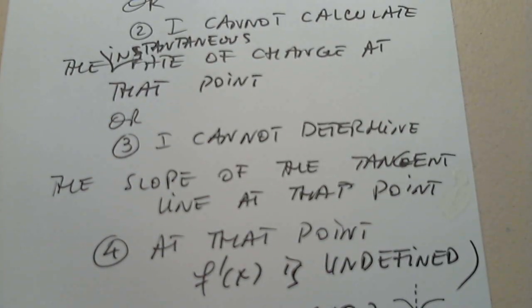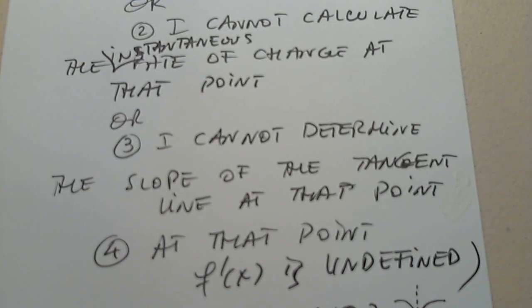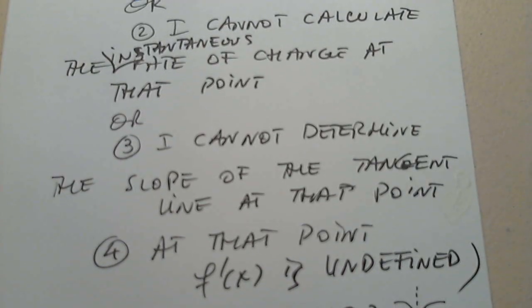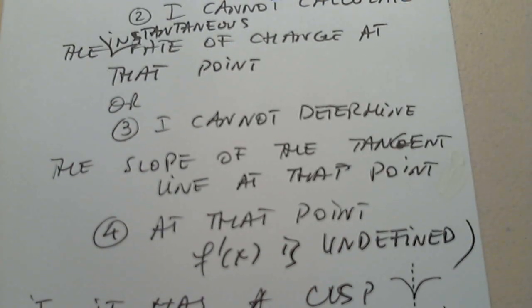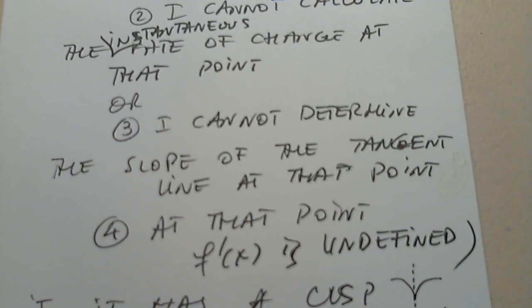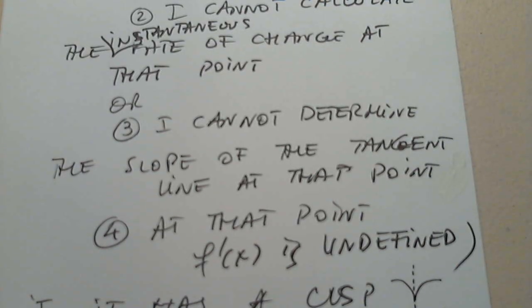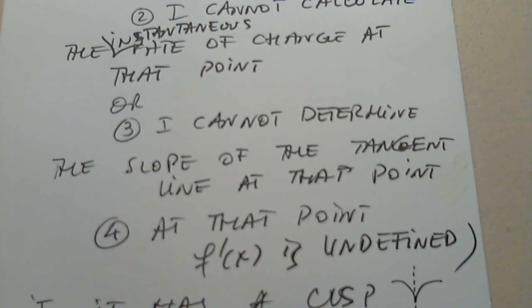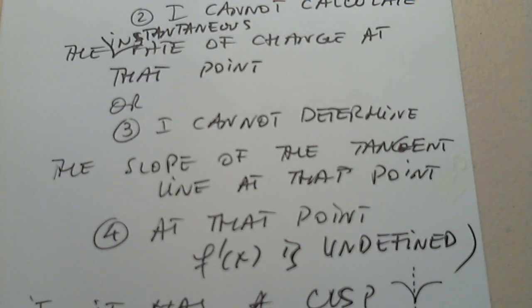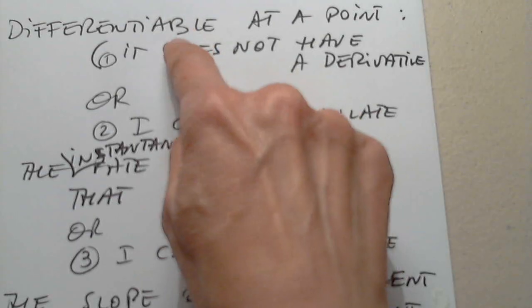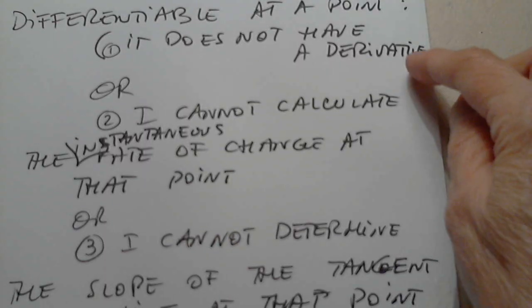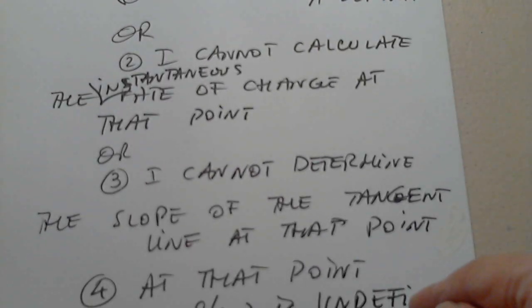Vertical tangent at that point, or a corner, or is not continuous. So at which point the function is not differentiable, or I cannot find its derivative because it's undefined.